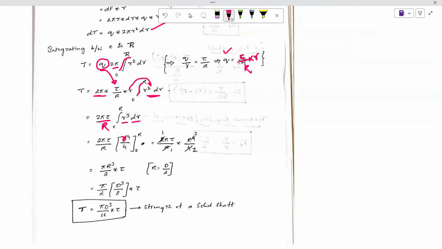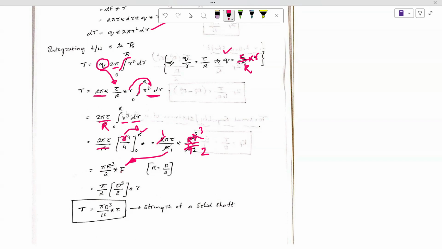When you apply the limit capital R, the small r will become capital R, so R to the power of 4 divided by 4. Now this R and this one get cancelled, so R to the power of 4 will become R to the power of 3, and the two twos also cancel. So this equation will become like this.